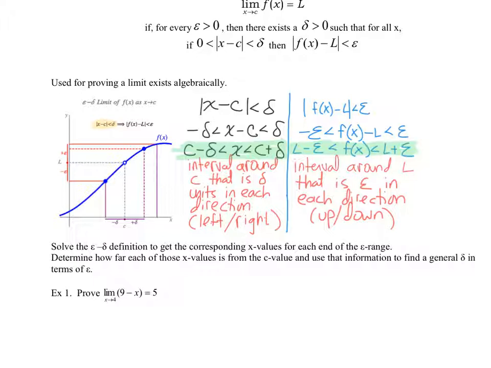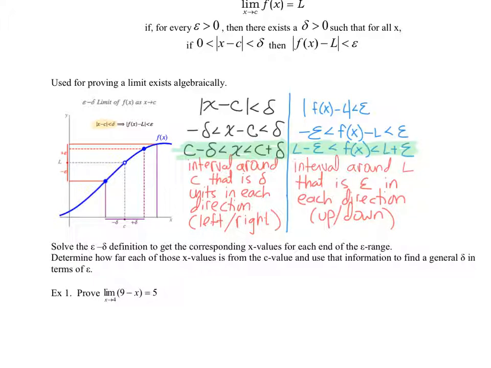All right, so why? The why is the big question. If you look at the diagram, you're seeing that we're talking about an interval along x that would correspond in some way to the interval along y, right? And so if we're looking to prove that a limit exists, we just need to prove that there is some relationship between the interval surrounding the C value and the interval surrounding the L value.